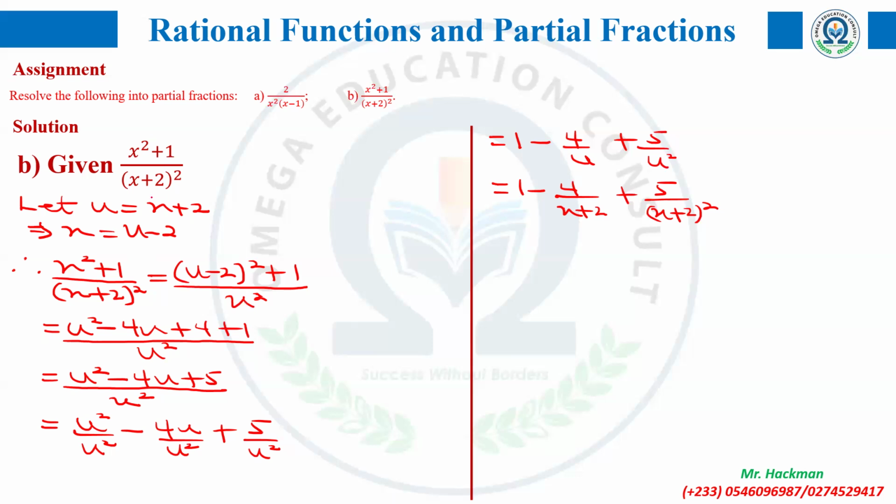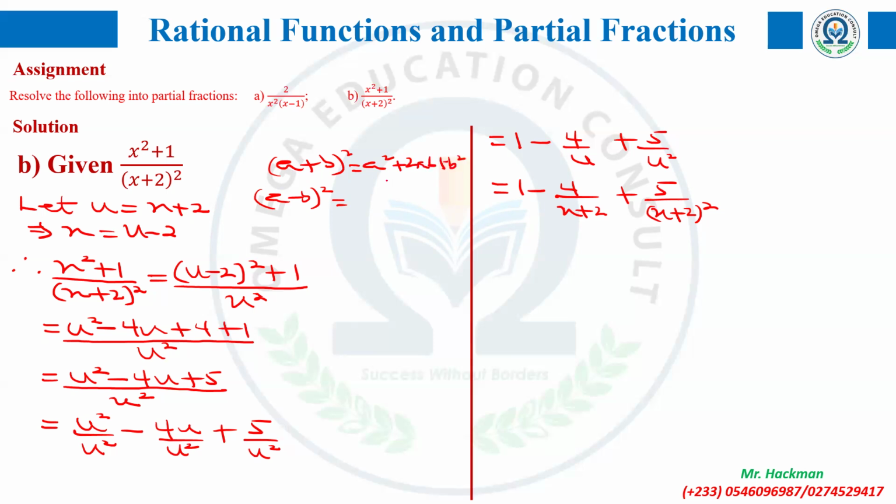So at this point, some of you, this is where your problem started. If you are squaring this, you've been taught how to expand any binomial squared. If you have a plus b all squared, you should know what this expands into. If you have a minus b all squared, you should know as well at this level. So we know that this, if you expand, will give us a squared plus 2ab plus b squared.